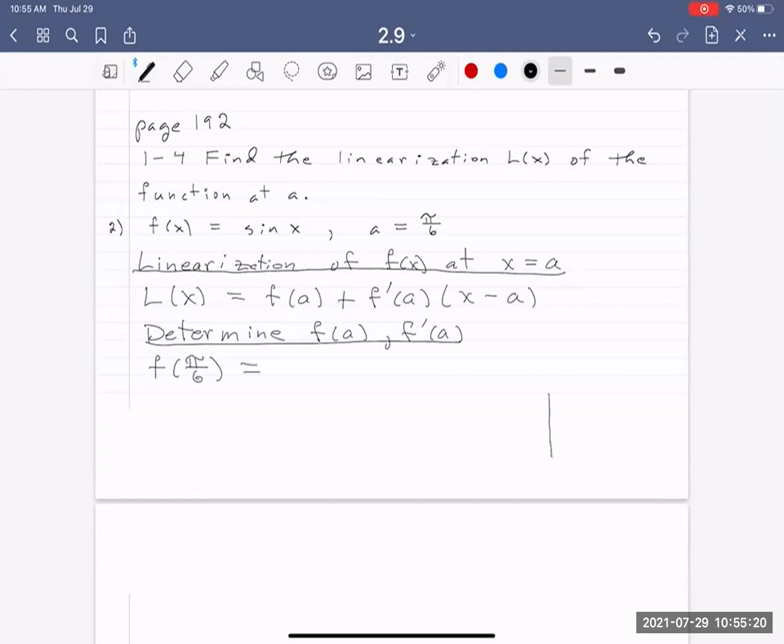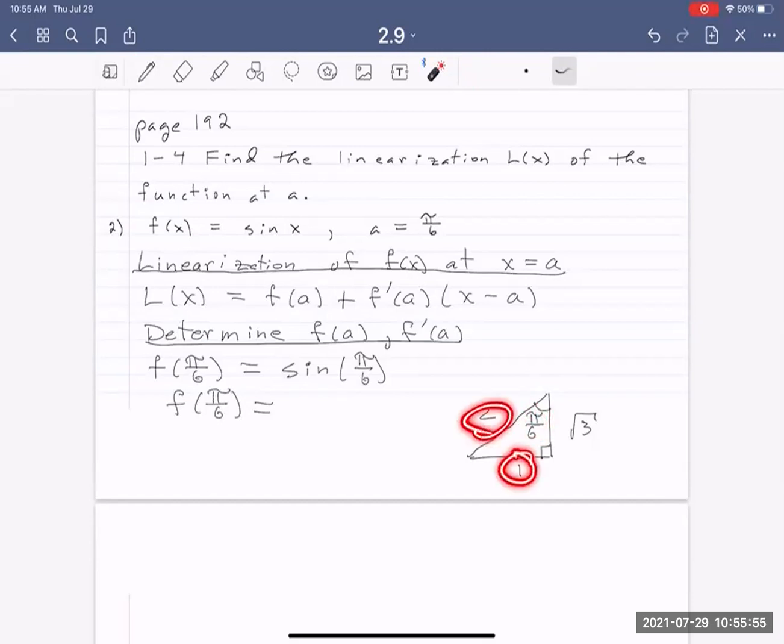Let's draw a picture. Okay, so this is sine pi over 6. Well, the sine of pi over 6, so I have to look at the sine of pi over 6. So it's 1 over 2.